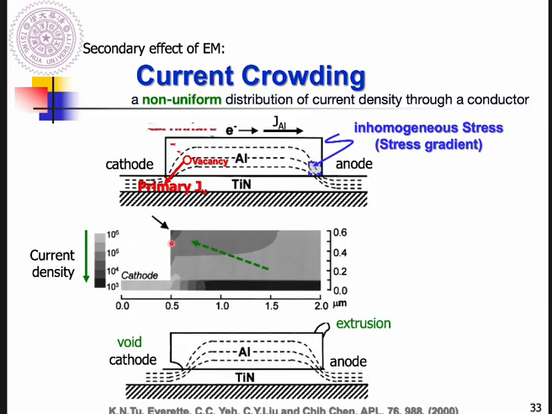This is what we call the secondary effect of electromigration, current crowding. In some cases, you will also see void formation at regions with the lowest current density.